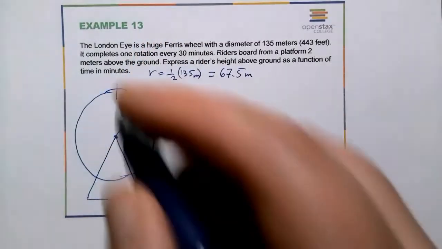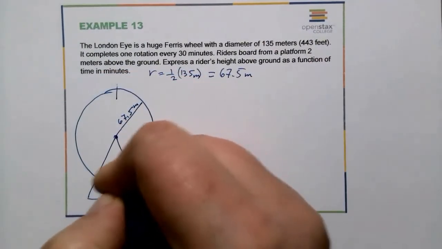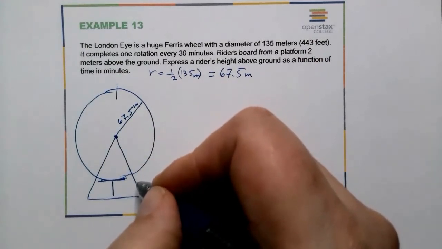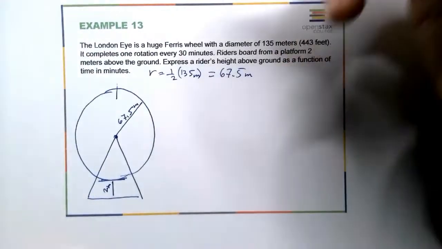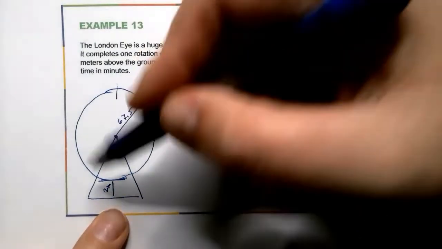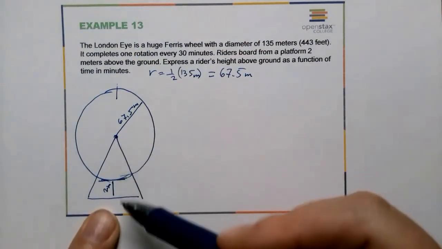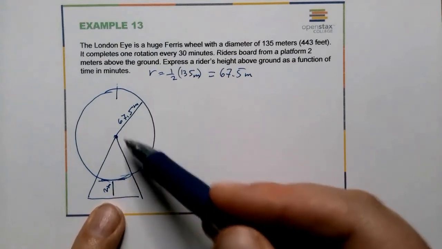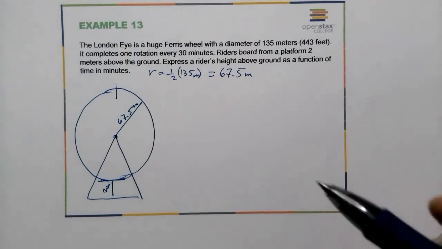Here, this distance, there is a platform for people to board the ride. So the platform is 2 meters. And I do agree that my drawing is not up to scale. This is a high 2 meters compared to the radius, so it's not up to scale.